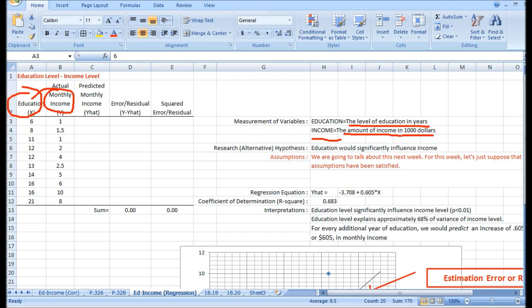Suppose that we randomly selected a sample of 10 adults and measured their level of education like this and their monthly income like this.